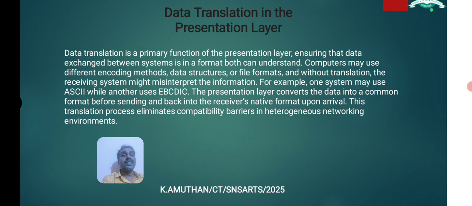For example, one system may use ASCII while another uses EBCDIC. The presentation layer converts the data into a common format before sending, and back into the receiver's native format upon arrival. So it eliminates the interoperability problem. This translation process eliminates compatibility barriers in heterogeneous networks.